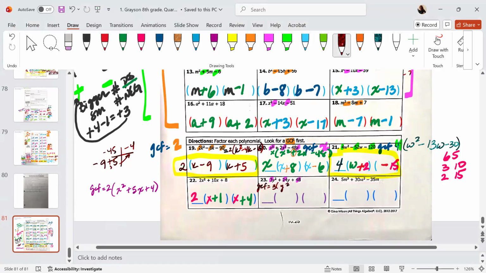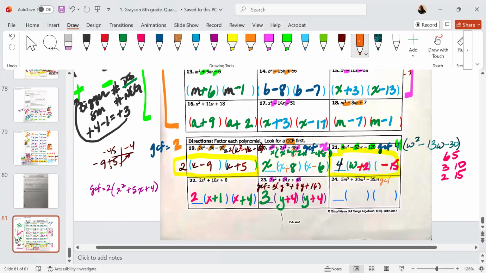So you have y squared plus 8y plus 16, right? Yeah, that works. So we have 3 here, y, and your number should be 4 and a 4, and plus and plus. Do you have that for number 23? Yes or no? Okay.